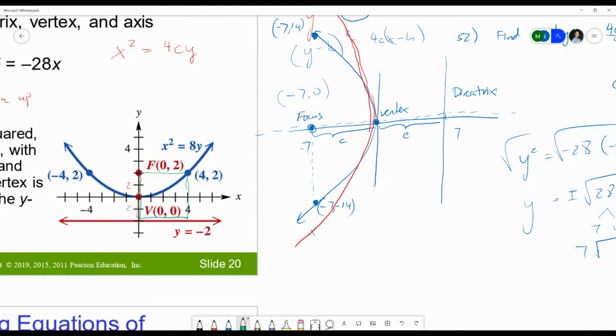My next high-level question is, when do I need to use sine and cosine and secant and tangent in parabolas? Maybe not this course, but in my future, when is that going to happen, sir?